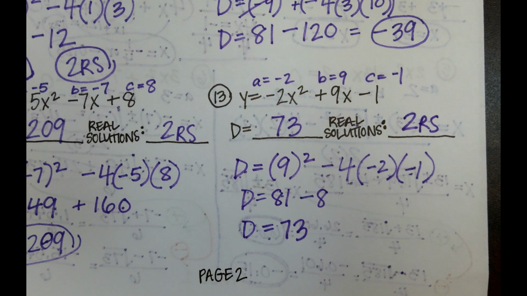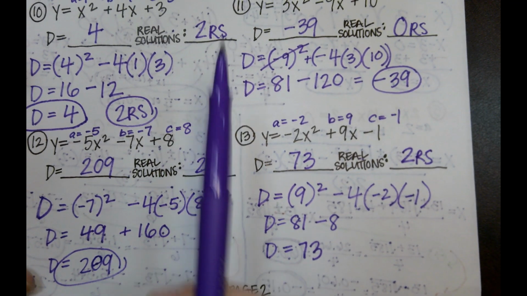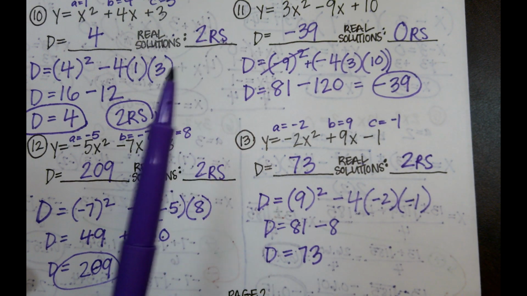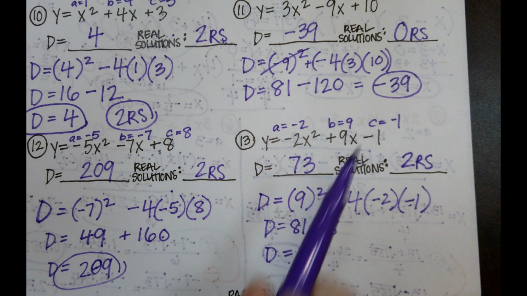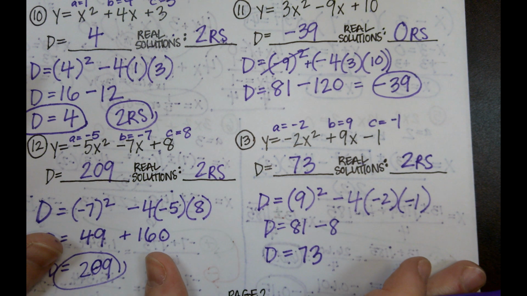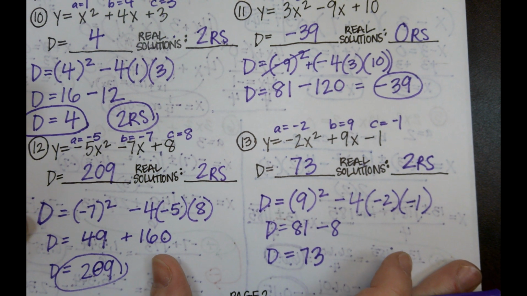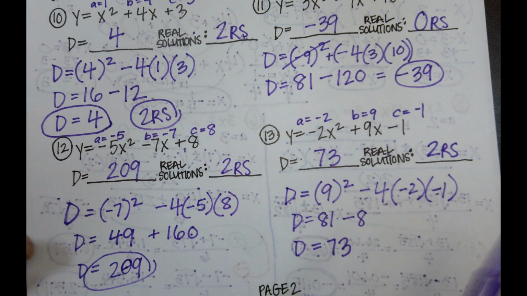Okay, so I put these on here pretty randomly, meaning there's not a real rhyme or reason. If you don't get any that say 1 real solution, if you don't get any that say none, if you get all 2 real, I don't remember what I put. So don't get scared if you have similar answers, or you see we got 2 real solutions 3 times.